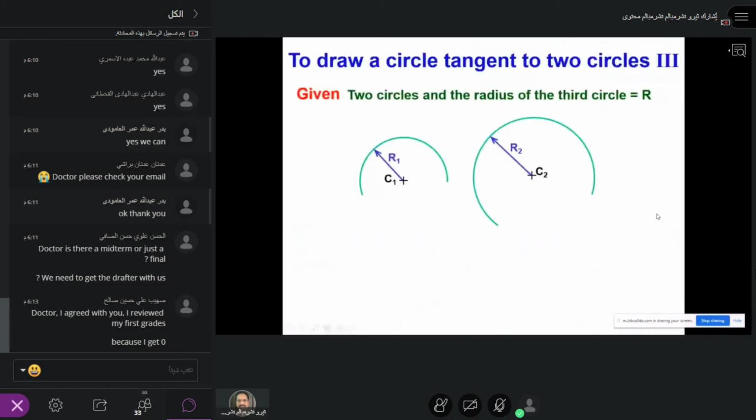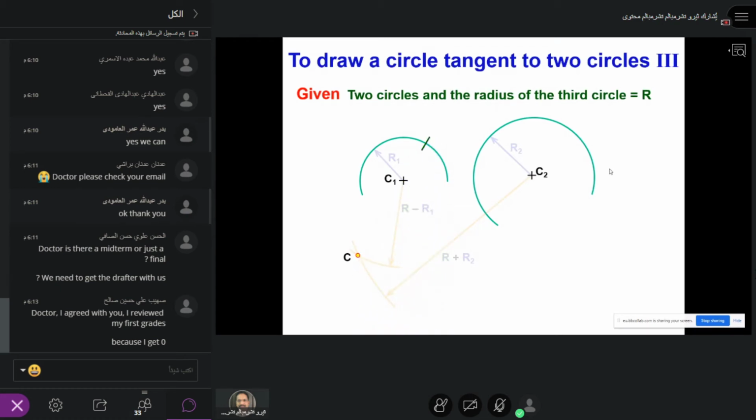The third method is two circles and the radius of the third circle. So we are going to use the third part here. Now we are following the same idea, combining these two and joining the first tangent, cut it there.